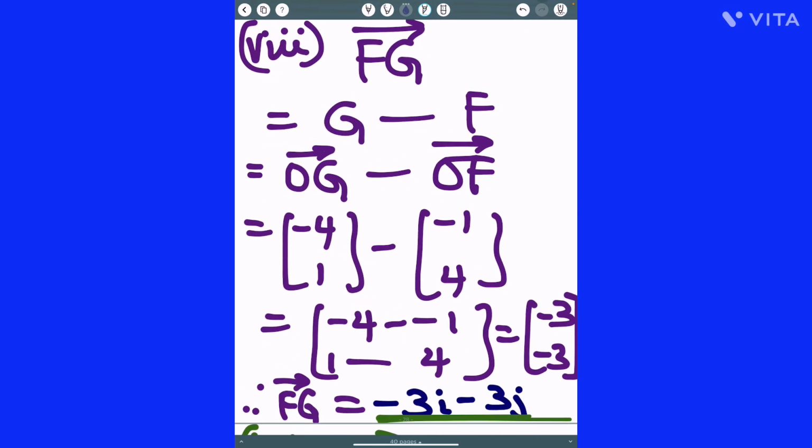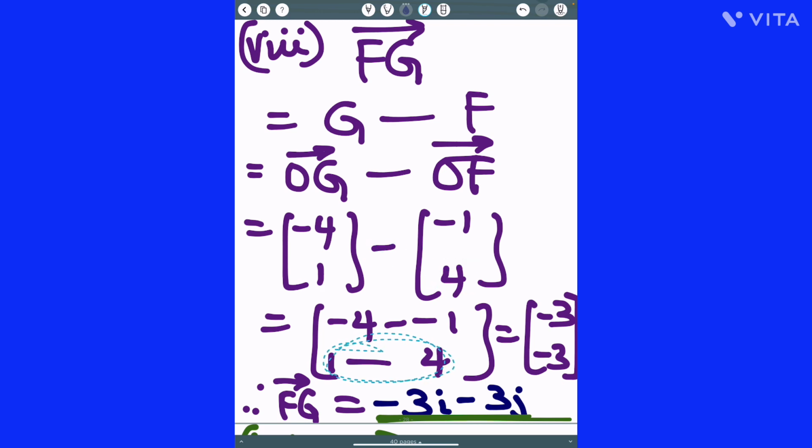The next question is FG. Relative vector FG is vector G minus F. That's OG minus OF. So minus 4i plus 1j, that's OG. OF is minus 1i plus 4j, so I'll do the subtraction in the middle. That gives me minus 4 minus 1 and 1 minus 4.